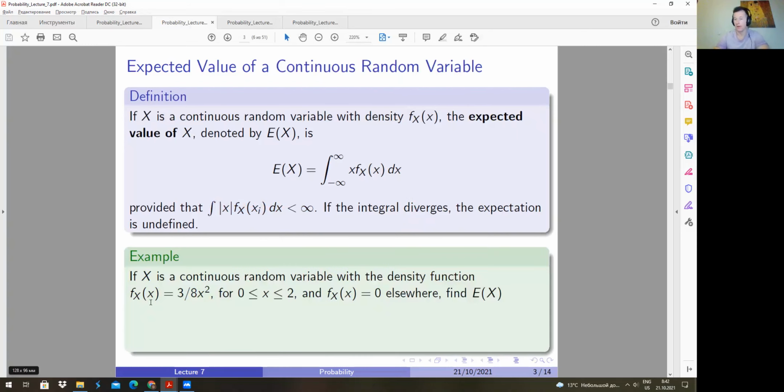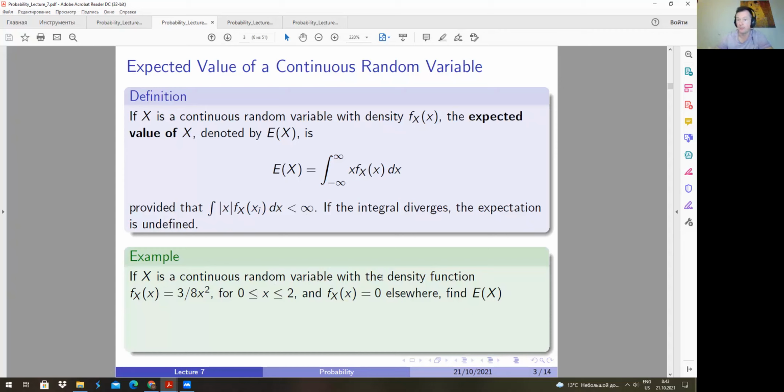So let's see an example from the previous set of slides. If you have a continuous random variable with this PDF, this variable is defined on the range from 0 to 2, and it is 0 elsewhere. We need to find the expectation.